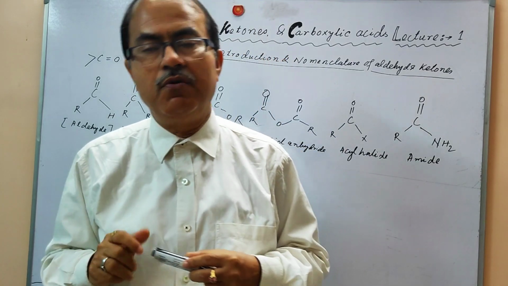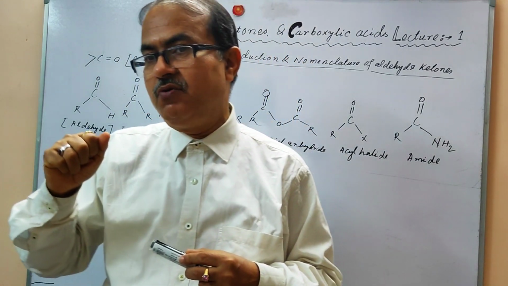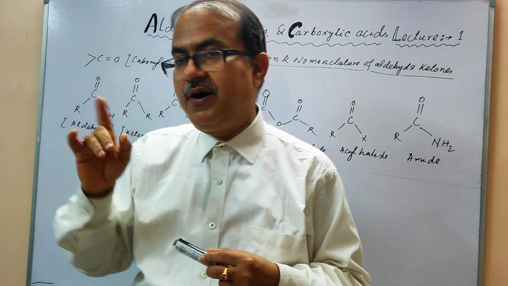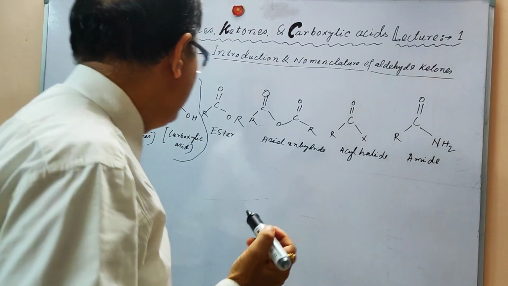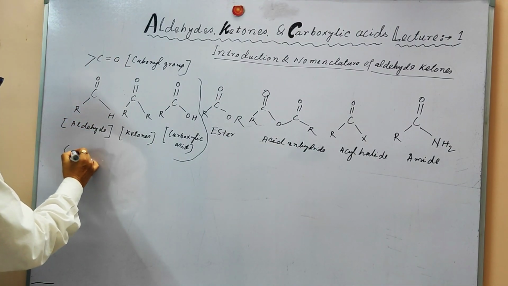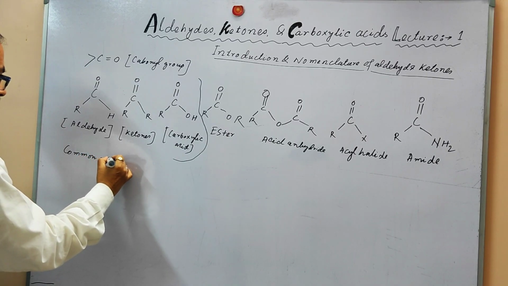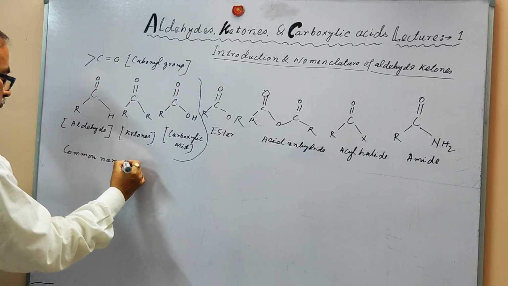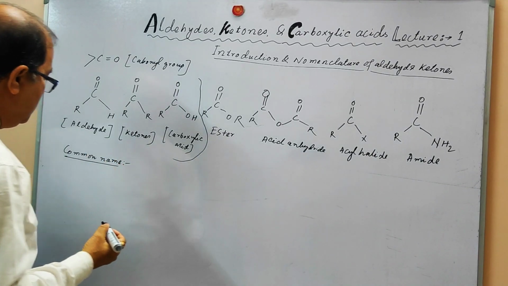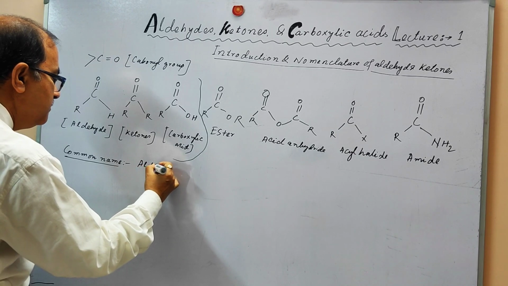When we talk about nomenclature, it is basically composed of two parts: one is the common name and the other is the IUPAC name. First, let us understand the common name. First, we will discuss aldehyde.